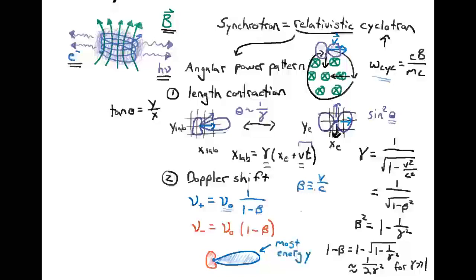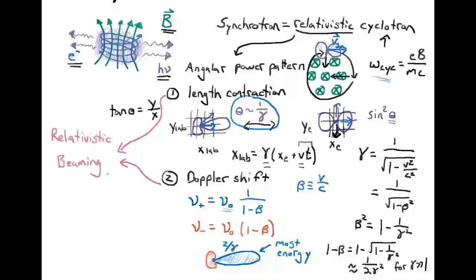And remember, this forward-going lobe had an opening angle of about 1 over gamma in each direction. So the total width of this is about 2 over gamma. So the combination of these two effects, length contraction and Doppler shifting, is what's known as relativistic beaming. And it's not unique to synchrotron emission.